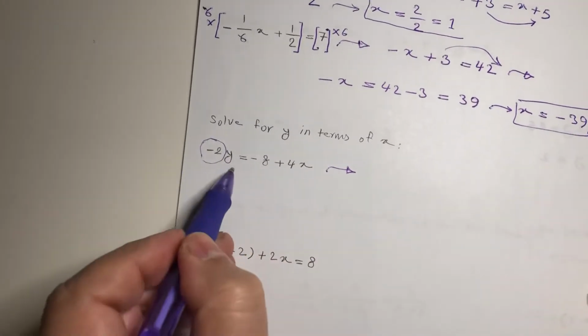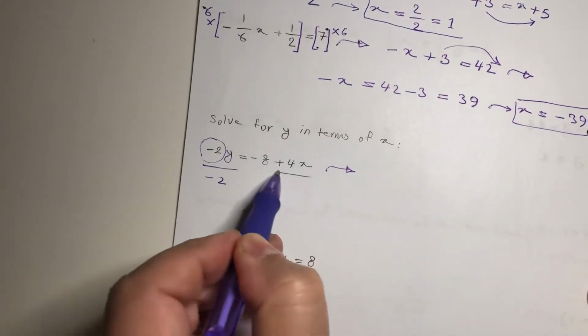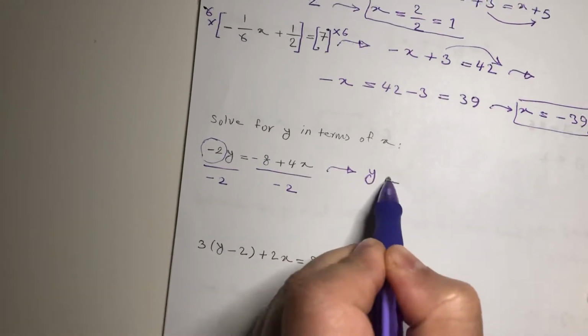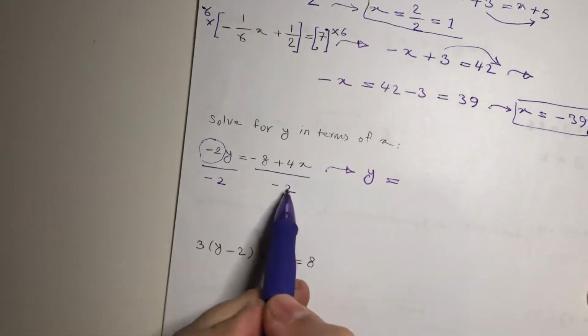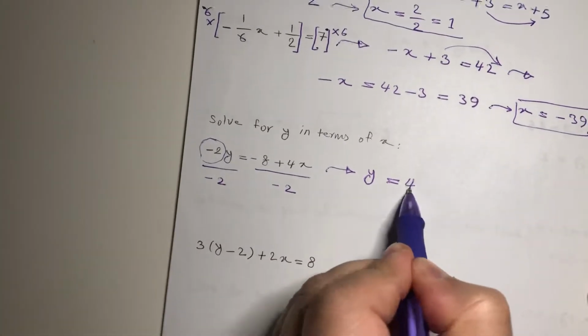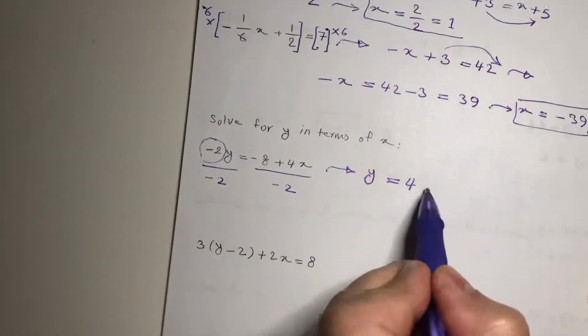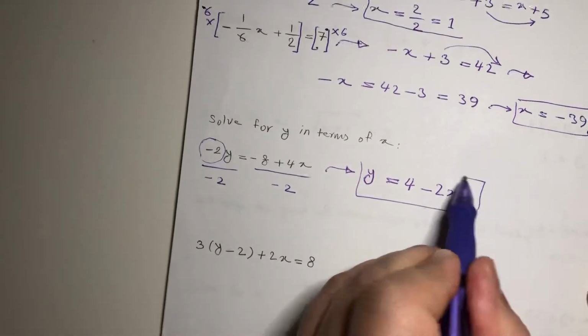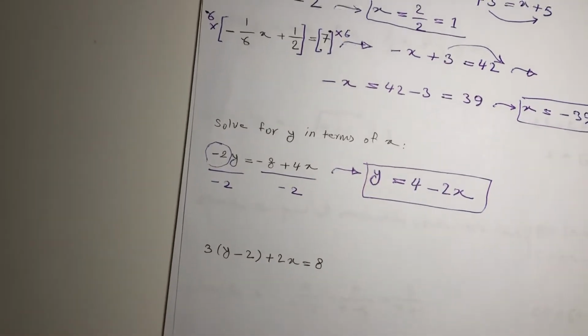So if we divide both sides by minus 2, at this side we will have y equals minus x by minus 2 is 4. 4 by minus 2 is minus 2x. So we found y in terms of x.